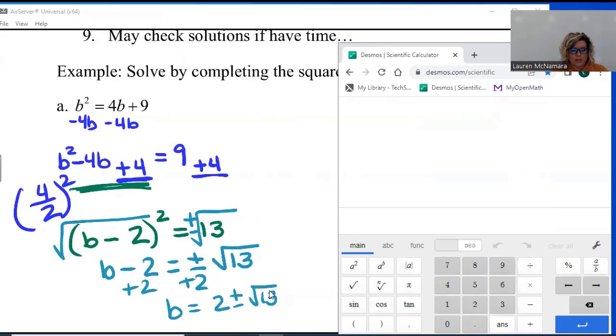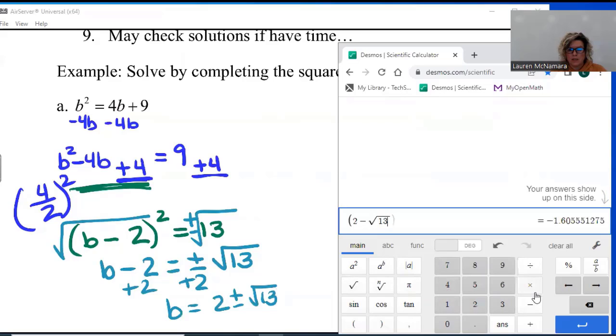B squared. So here's my B, so we're going to use the same B. Let's say 2 minus the square root of 13. Right arrow key, close that, and square it. Enter. So I have that.